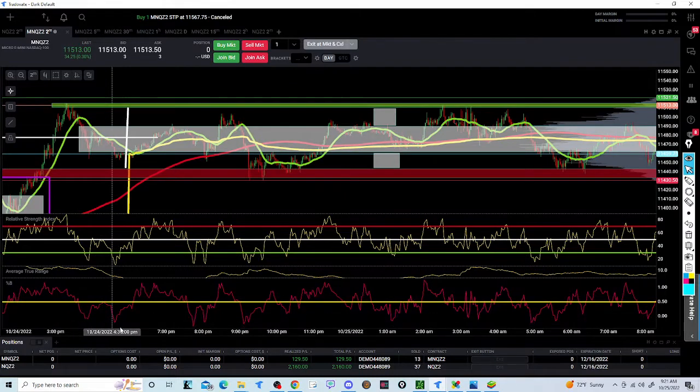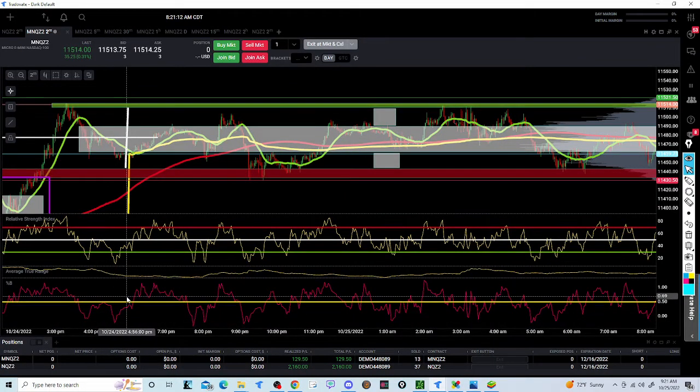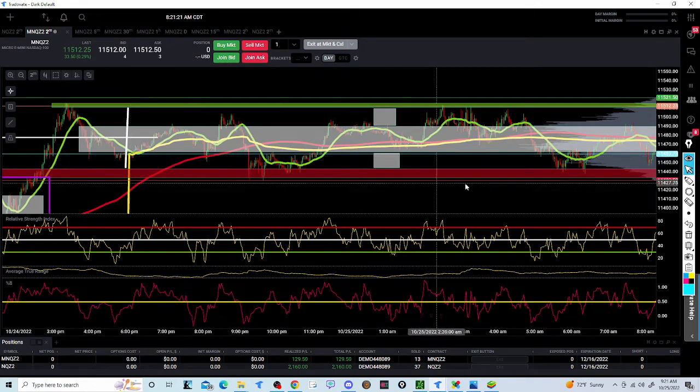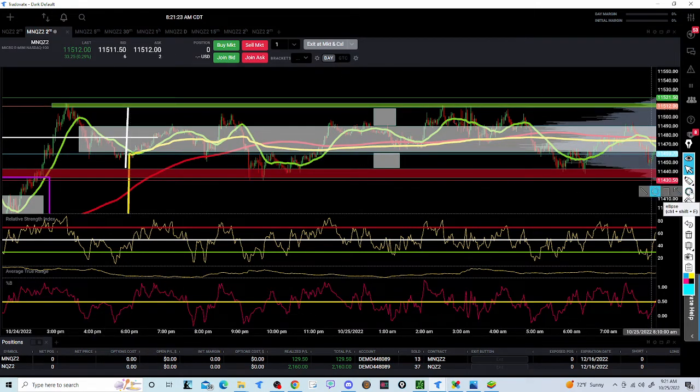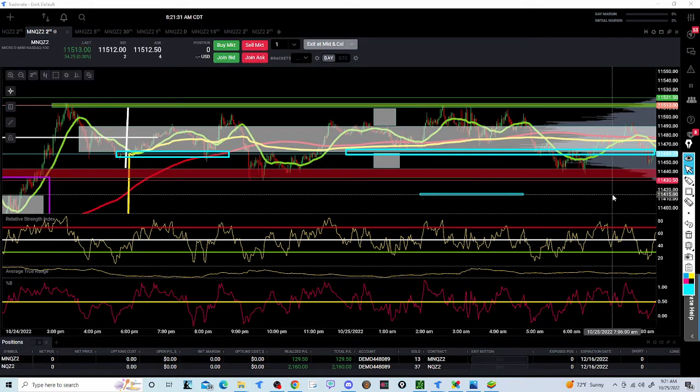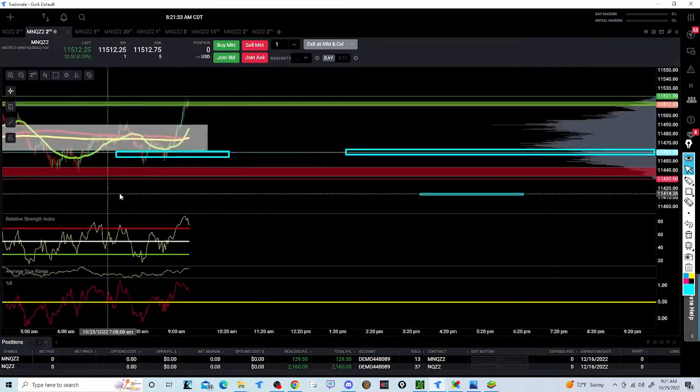Okay, if you look down here, you see my cursor with the time? Okay, so the market closes at 5 p.m. So right here is where the market closed. Right here where my hand is. Got it. Okay, so if the market closed right here, let's bring it all the way over. You see what I'm saying?